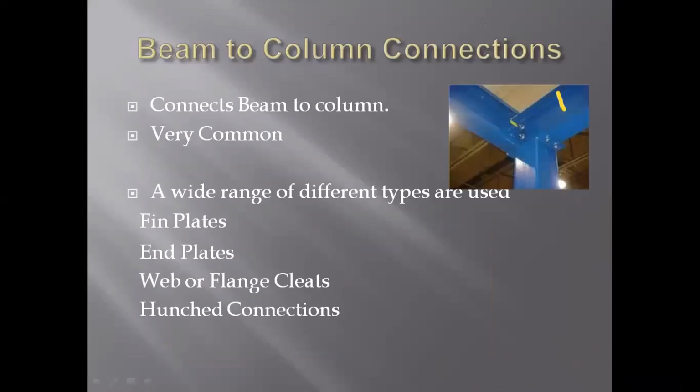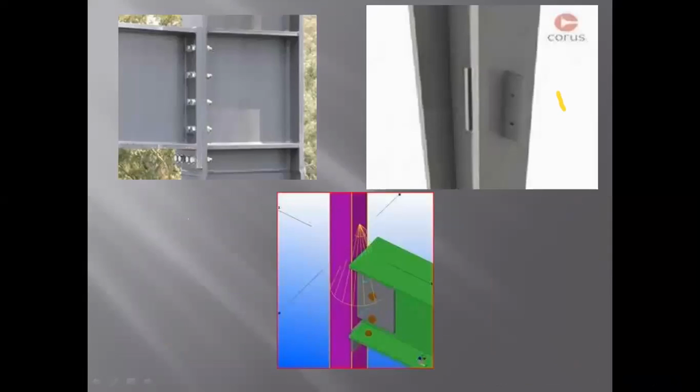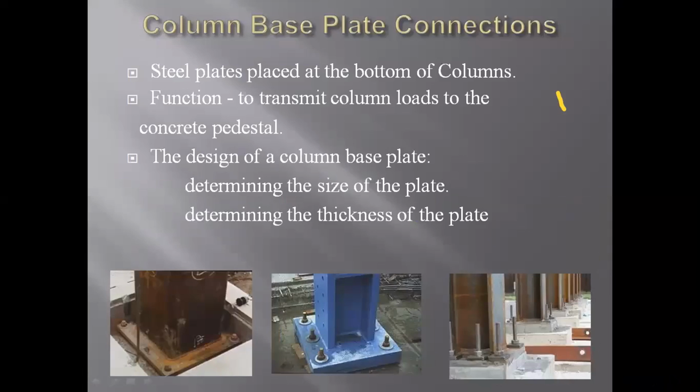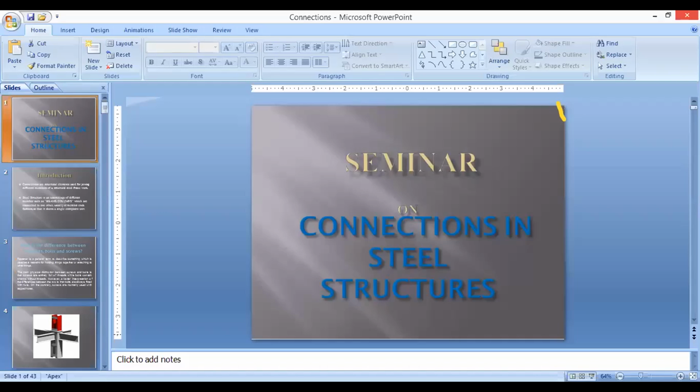Okay, so this PPT will definitely help you in terms of understanding the concepts of all the connections, right? So these are all practical pictures, and this is how the anchorage bolts are inserted into concrete, where the load transfers from column to column bases, from column bases to concrete foundation. Okay, and this ends the presentation on connections.